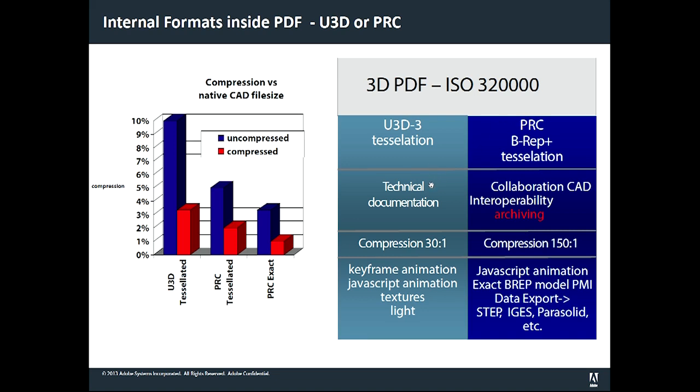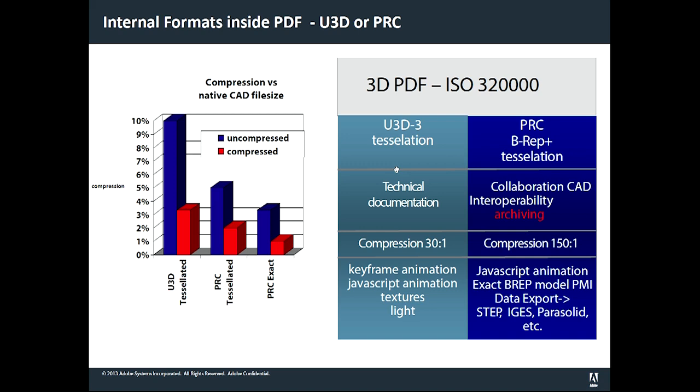Of course, you can do a lot of things before you translate that with a CAD system, so you can reduce faces and so on. But if you have the original file, it works like that. And this graphic shows that both formats are included in ISO 32000. We have U3D as just a tessellation model.